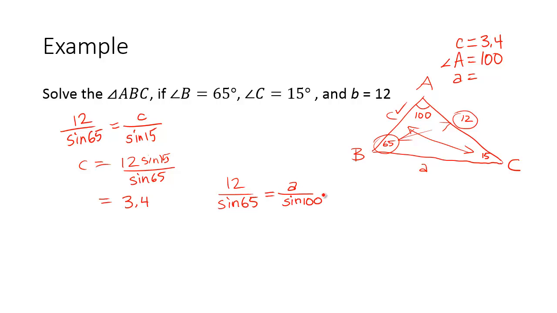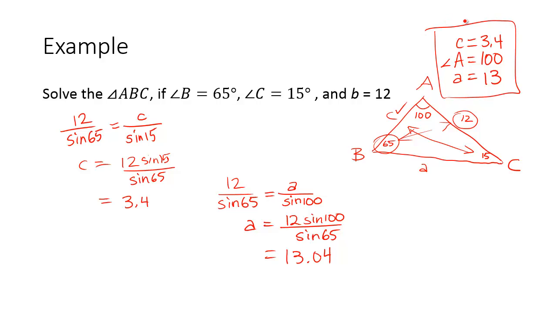And so you just play with this proportion and see where you get to. You could have done it a different way, but you should still be getting the same answers. So again, this will be 12 sine 100 over sine 65, which is 13.04. I'll round it to 13. That's fine. So you've got your missing pieces, and that's the solved triangle.